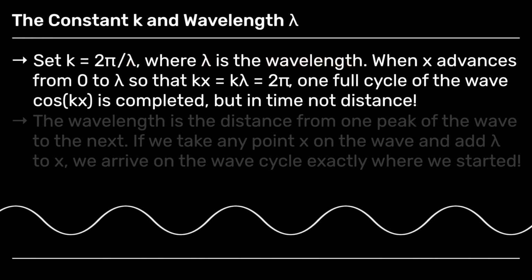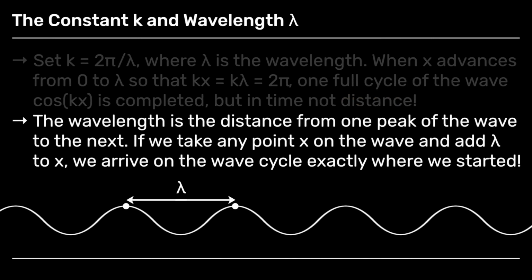When x advances from 0 to lambda, so that kx, which is k times lambda, is equal to 2 pi, that corresponds to one full cycle of the wave cosine of kx to be complete. Not in time, but now in distance.